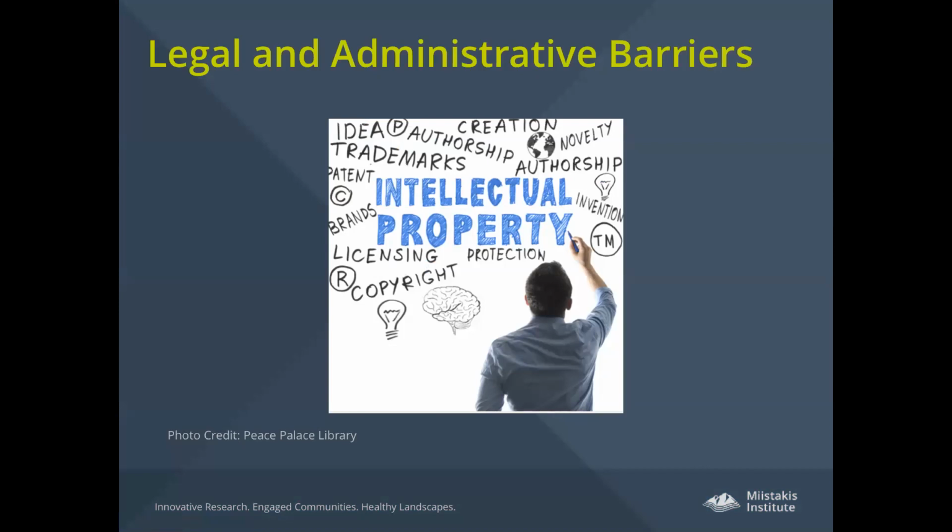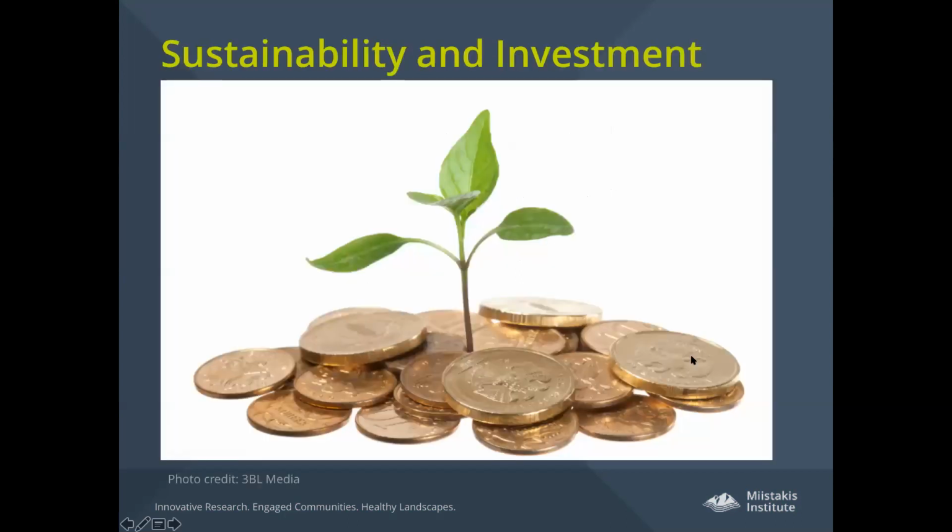There tend to be problems with respect to data ownership and sharing, and often intellectual property challenges: when citizens are involved in data collection, who owns that data, and do they have access to that data? There are also prohibitive public engagement policies in some agencies, with real restrictions around how the public can be engaged. So those were some of the barriers with respect to legal and administrative issues.